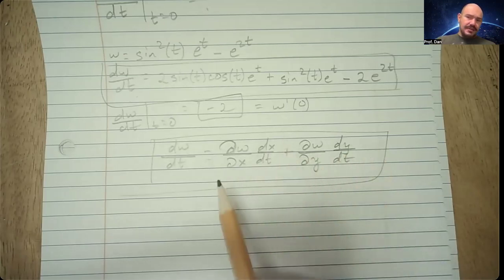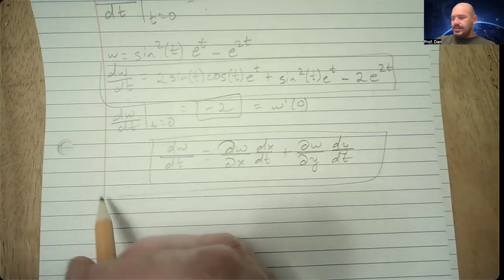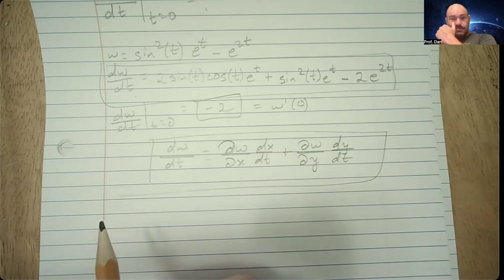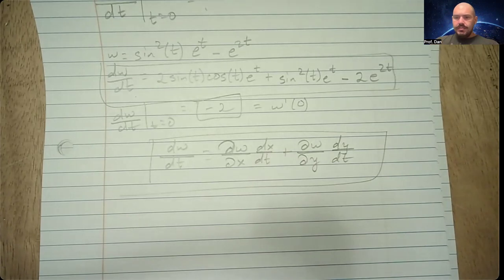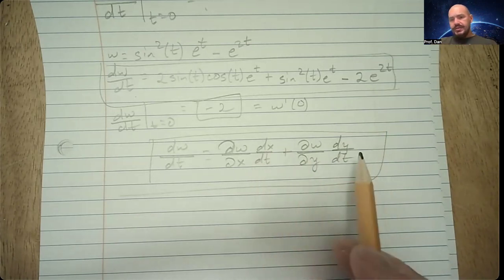And that's actually how this formula is kind of derived, right? From the assumption starting off that w is equal to some function of x times x plus some function of y times y, right? And then when you take the derivative of that, you end up with something like this.